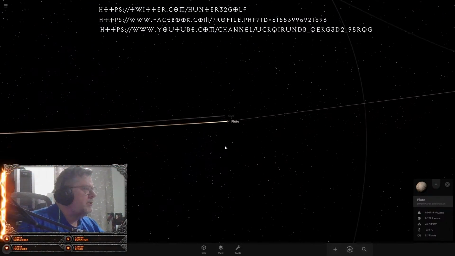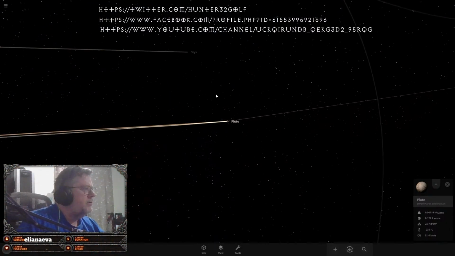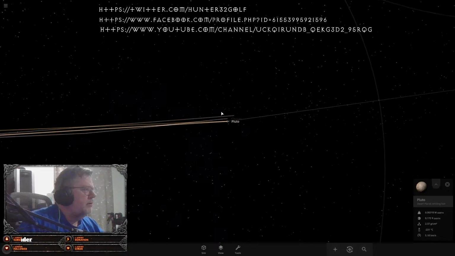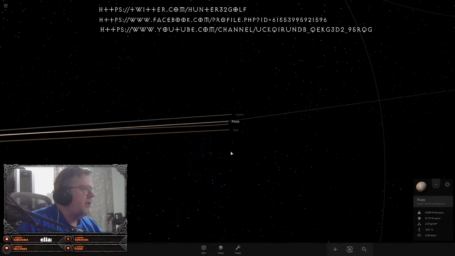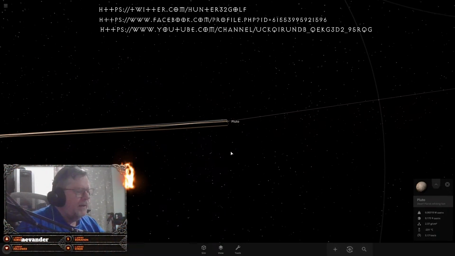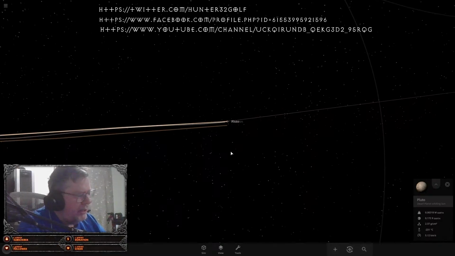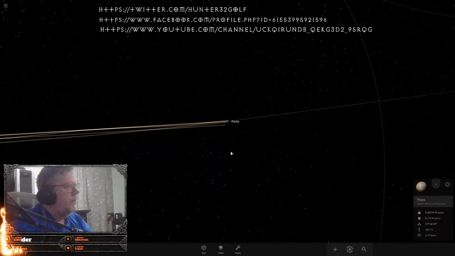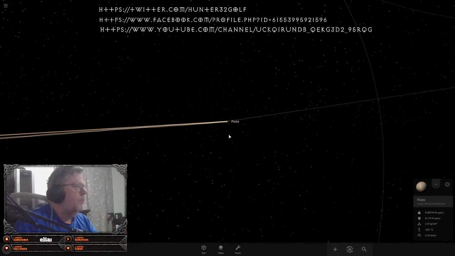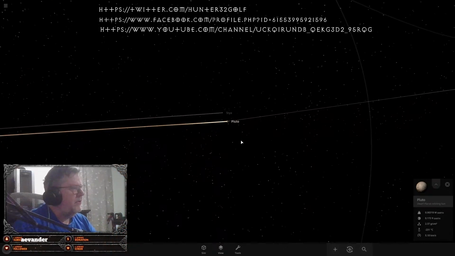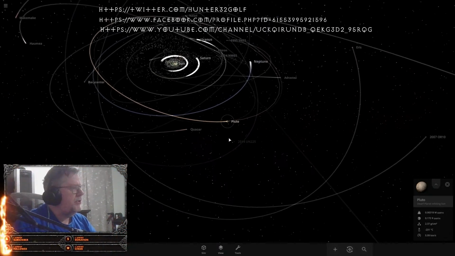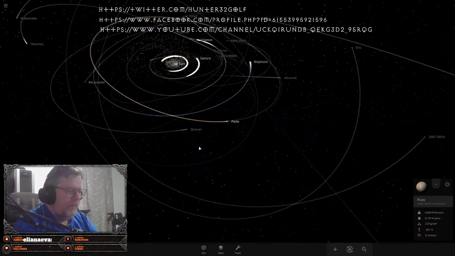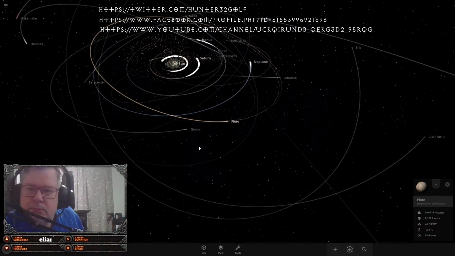We get in here, we can see these. There's Styx, and then Charon, Hydra, and Nix. Now, Pluto is technically a binary system between Pluto and Charon. So this one's got a little bit of everything. It just needs rings. And that is it for the Kuiper Belt.